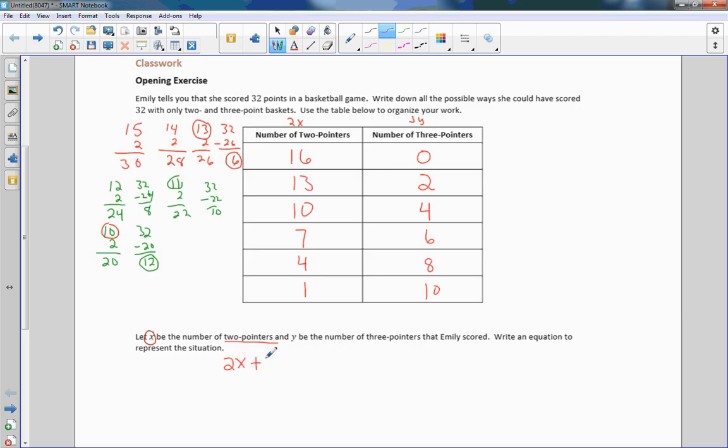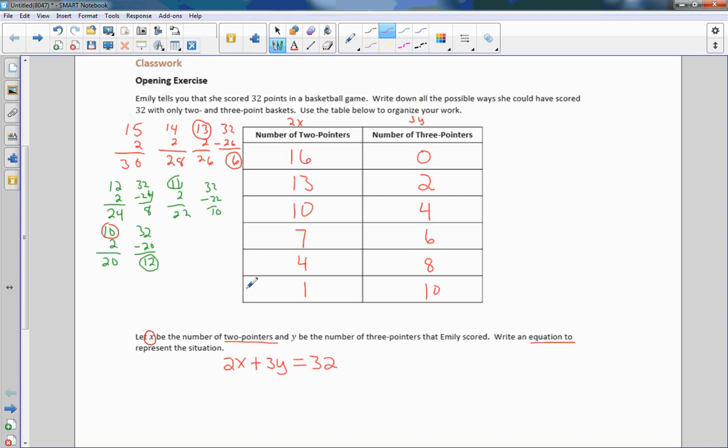Then we add that to the number of 3-pointers, 3y. So you needed 2x plus 3y, and our total was this 32 up here. So 2x plus 3y equals 32, and that's what I was showing you up here. So there's our equation.